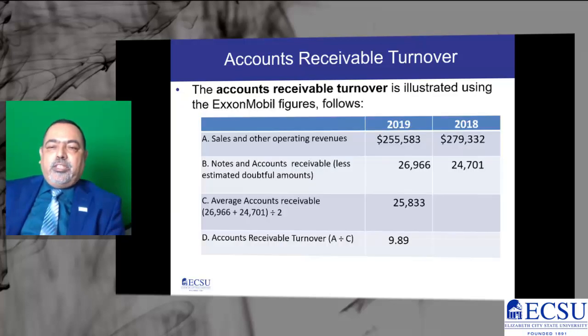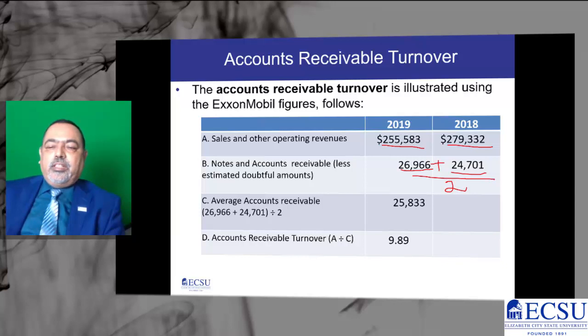If you take the example of ExxonMobil again, in 2019 and 2018, sales and other operating revenues were 255,583 and 279,332. Notes and accounts receivable, less the estimated doubtful debts, were given as 26,966 and 24,701. So we add these two figures and divide by 2.